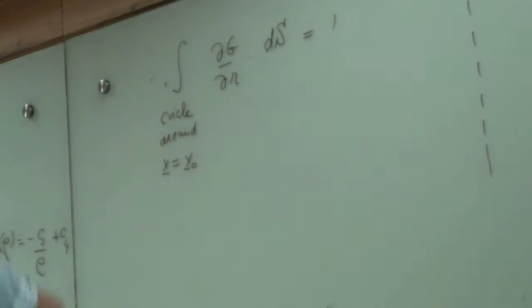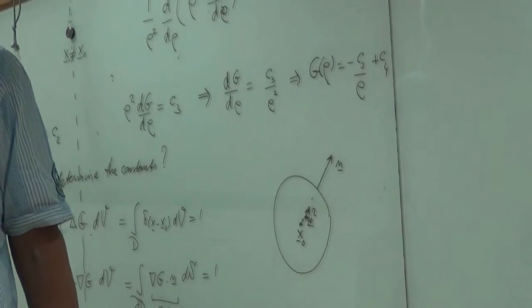Because this is an integral over a circle, what do I know about dg/dr? Is it changing over that circle?